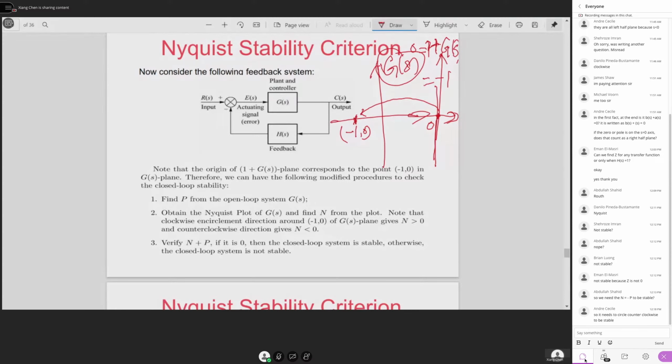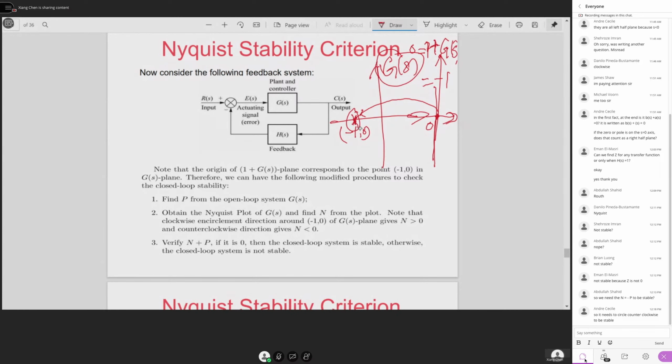From now on, you should keep this point in your deep mind. It is going to be very, very important. Whenever we evaluate encirclement, it's around the -1, 0 point.